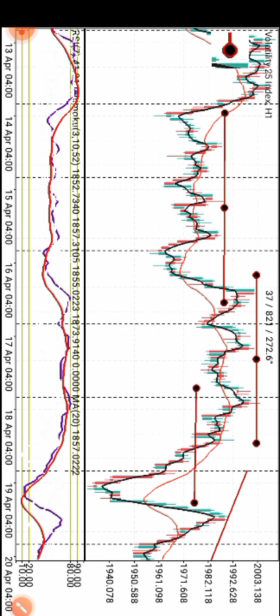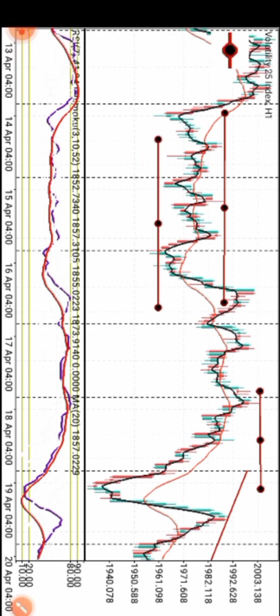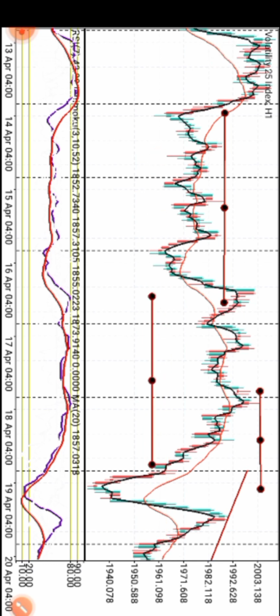Sorry, let me bring it. It's here, right? You can see, and price had to move down. So the take profit would be here in this region. This would be the take profit, and leave the rest running.